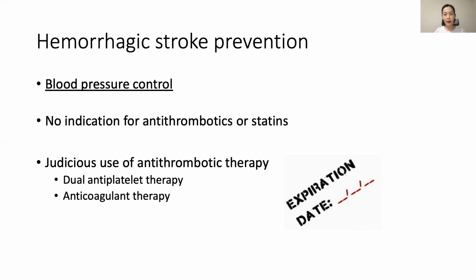And very often we see patients who are put on dual antiplatelet therapy or put on anticoagulation, meant to be for a certain time period, meant to be temporary, for 6 months after their stent, for 3 months after their DVT, and then they just kind of get left on it. And so you definitely want to mark the expiration date for these medications, because they significantly increase the risk of a hemorrhagic stroke.